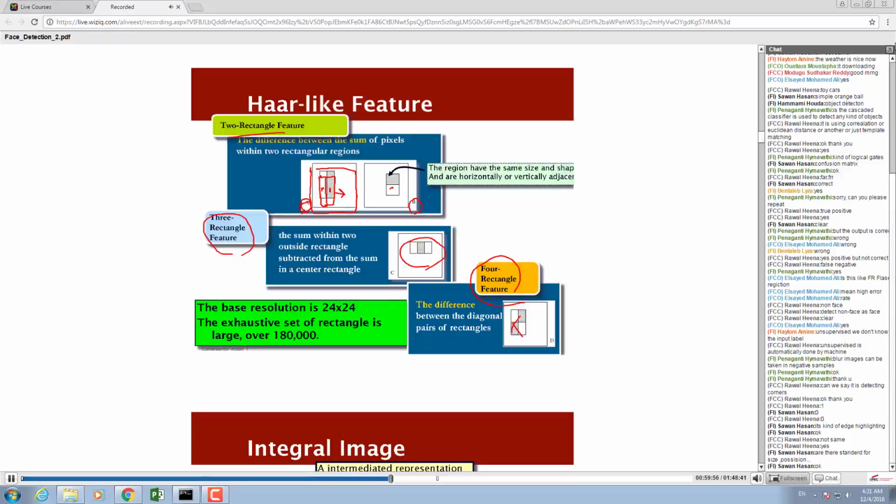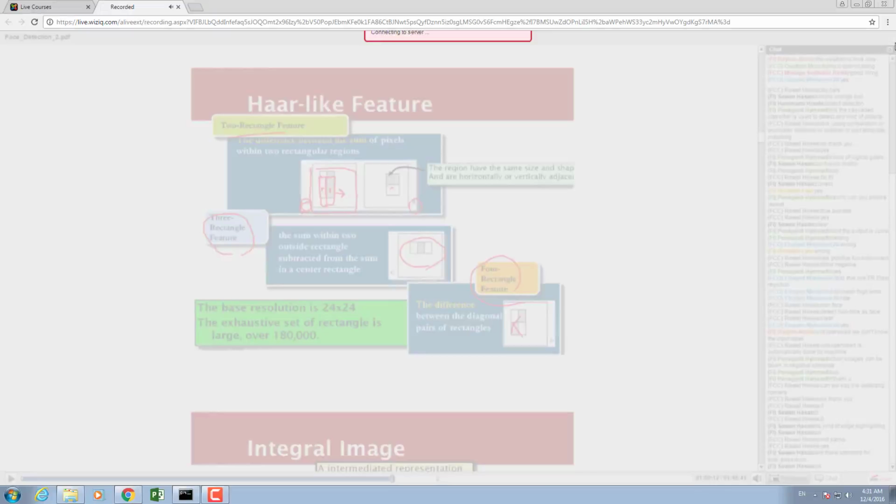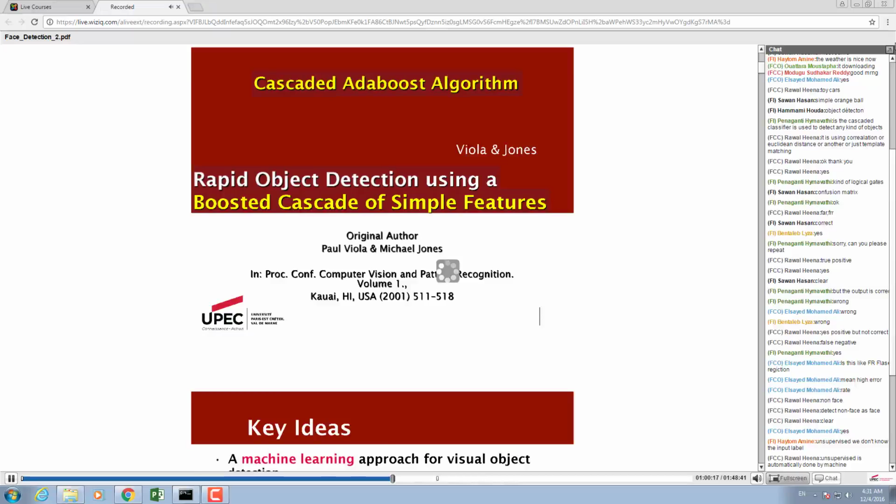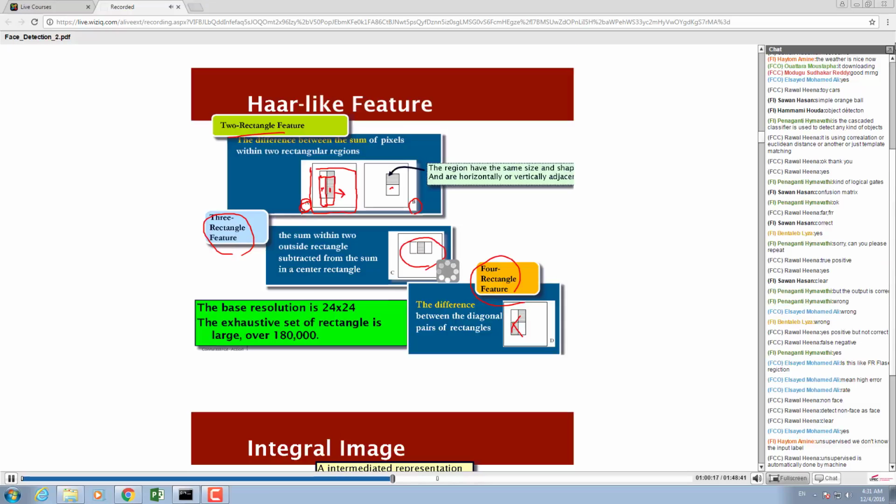And we have one more category, four rectangles. We add one more rectangle, so it is composed of two white and two black in this way, in diagonal positions. Again, this is one category. Inside this category, we will have many different sizes and different positions, so we can also generate many features.